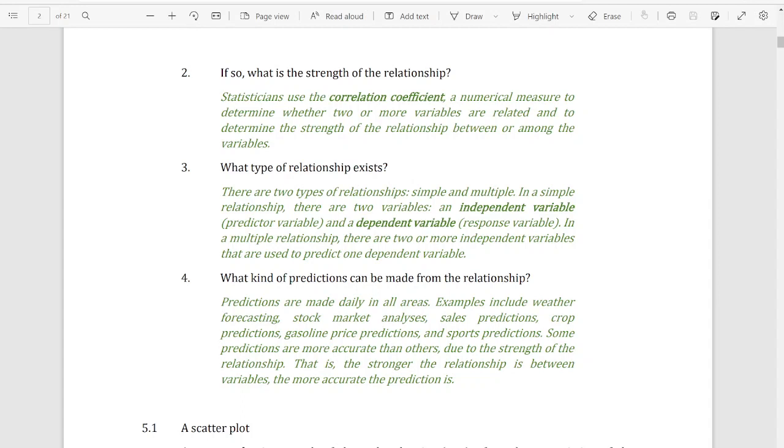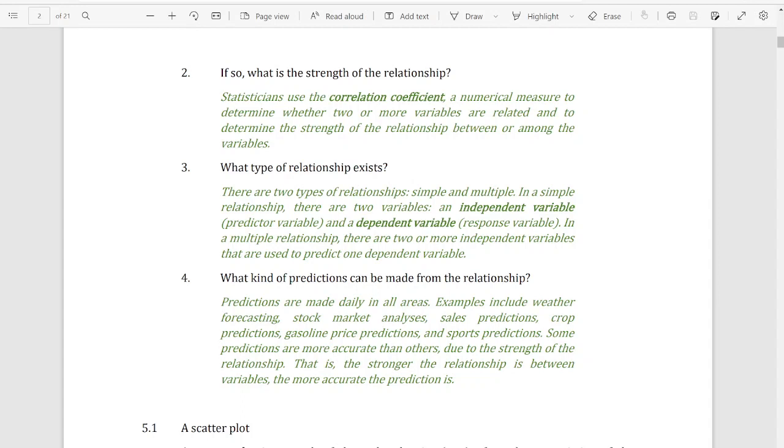And of course, by using the graphical display also you can approximately determine the strength and also the direction. Okay, daripada graf kita boleh nampak secara kasar, dan untuk lebih jelas kita boleh menggunakan koefisien korelasi.